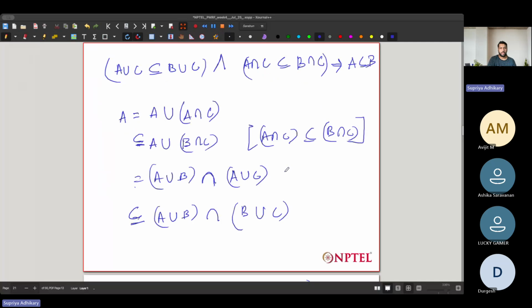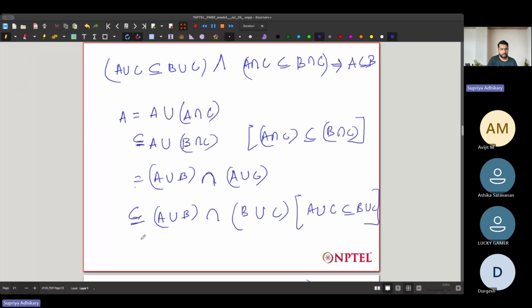Using that, since A intersection C is a subset of B intersection C, we could write that this is a subset of this. Again, this is a subset of this because A union C is a subset of B union C. That is given.